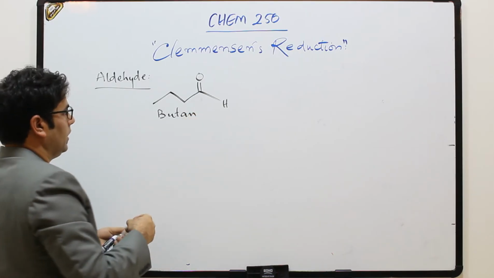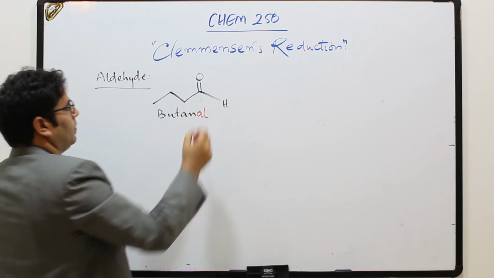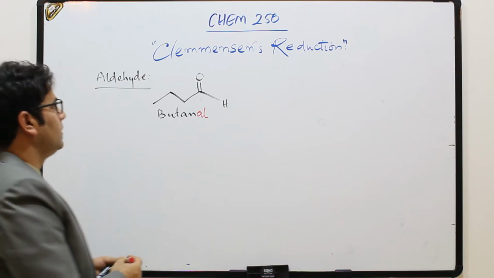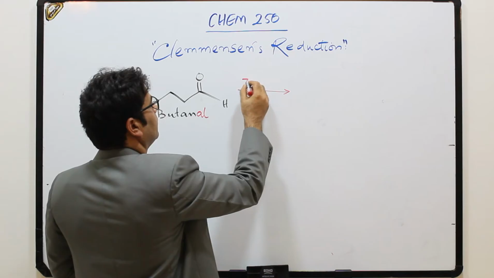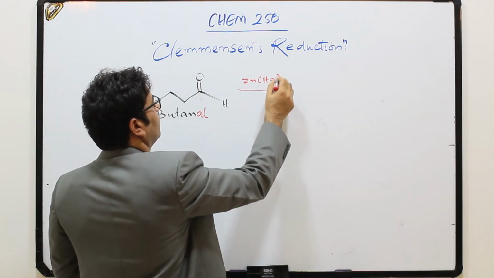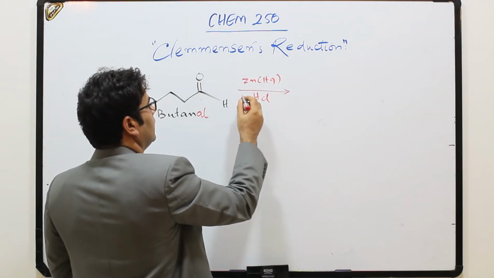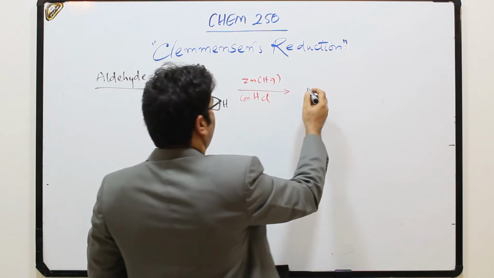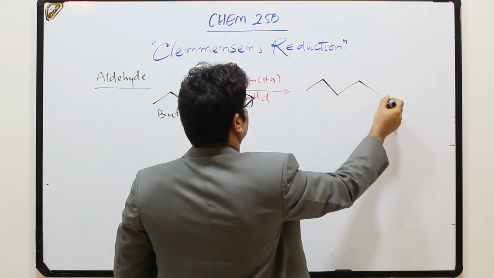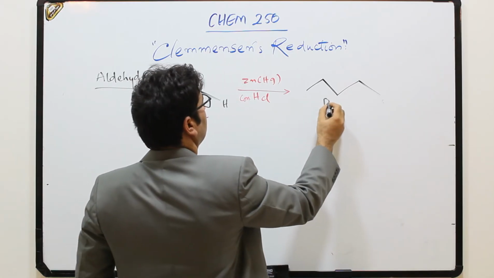Butanal, aldehyde. Similarly, this in presence of zinc mercury and concentrated HCl will give us butane.